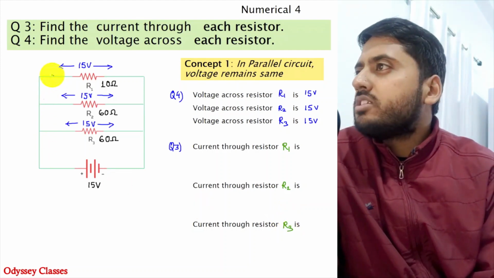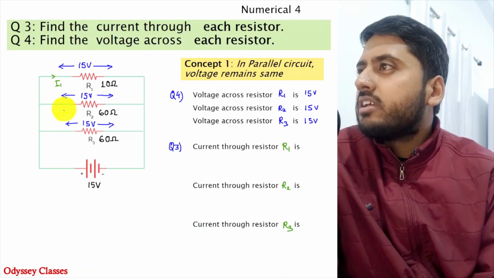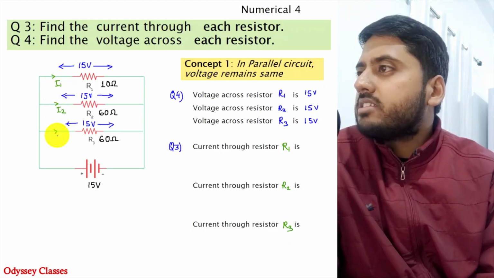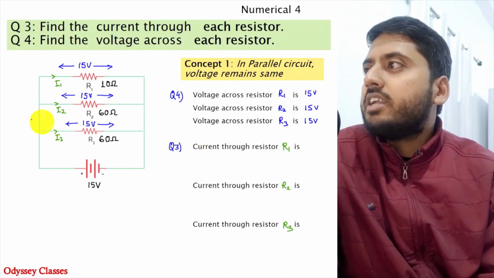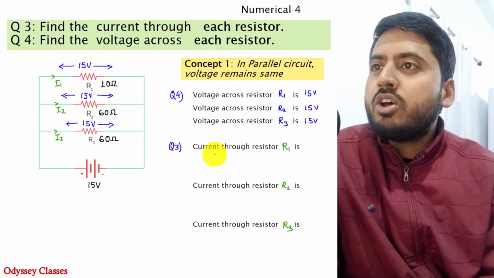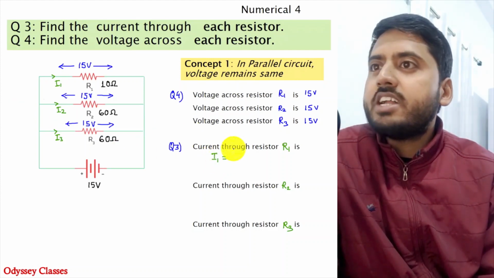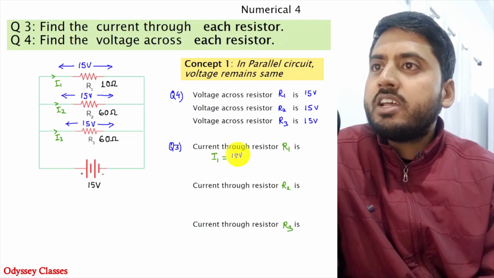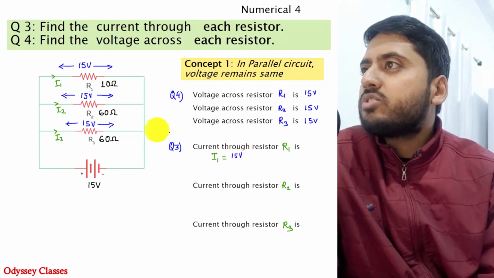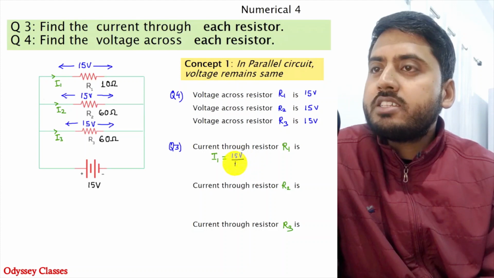Let me call this current as I1, and then here I can call this as I2, and then this as I3. So in order to find the current I1, we can use Ohm's law, and that is I1 is equals to the supplied voltage, that is 15 volt, divided by its own resistance. I'm calling it as R1.